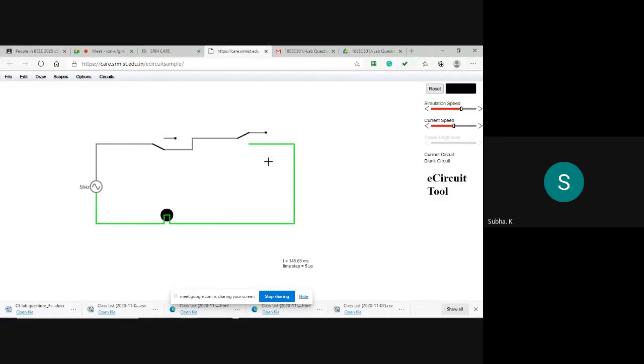Okay. Then this is cross connection that I am trying. One switch I have put off, another one I have put on. Okay.